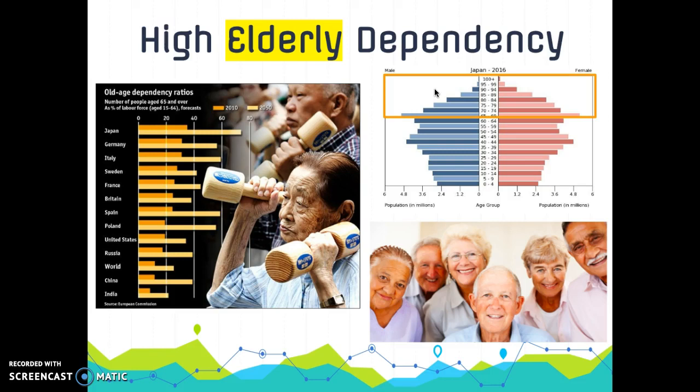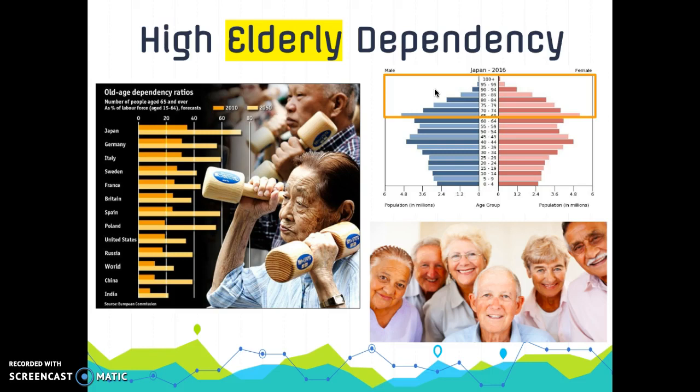So our world elderly dependency ratio is about 9 to 1, meaning that there are 9 working people for every 1 elderly person. However, in 2050, that's estimated to change to 4 to 1, right? So only 4 working people to support each elderly person.